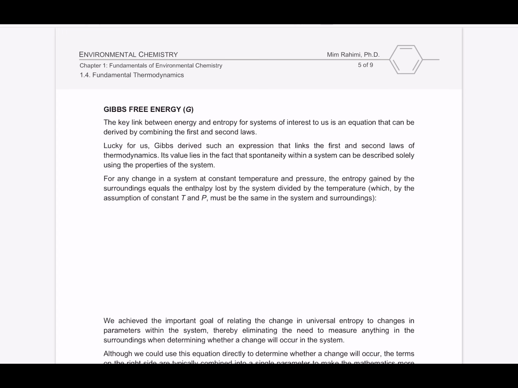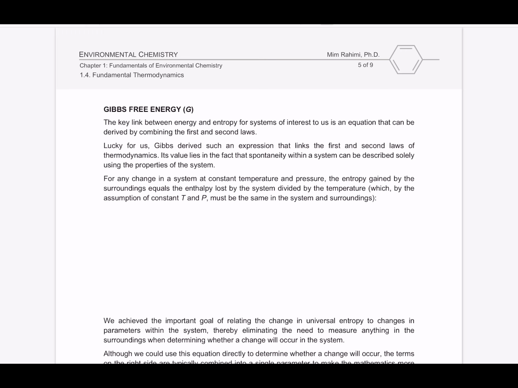And the key factor here was basically this line: for any change in the system at a constant temperature and pressure, the entropy gained by the surrounding, so delta S of the surrounding, equals the enthalpy loss of the system, so I'm connecting it to the system, divided by the temperature. Again, using that definition of the entropy.